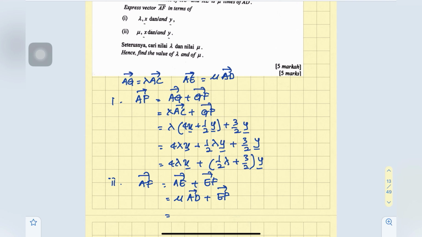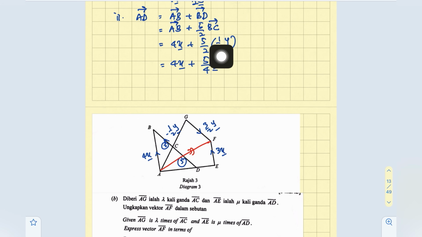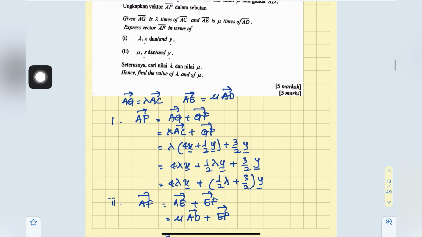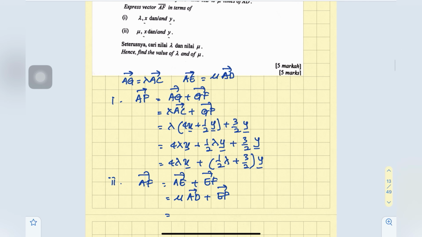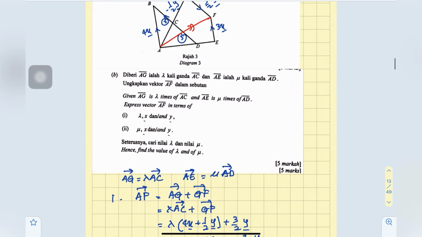So mu AD plus EF. Okay. AD kita dah dapat juga daripada soalan A tadi. AD sama dengan 4x plus 5 over 4y. So kita masukkan. Mu times 4x plus 5 over 4y, plus EF. Okay, EF kita tengok gambar yang kita dah label, EF direction dia macam tu.